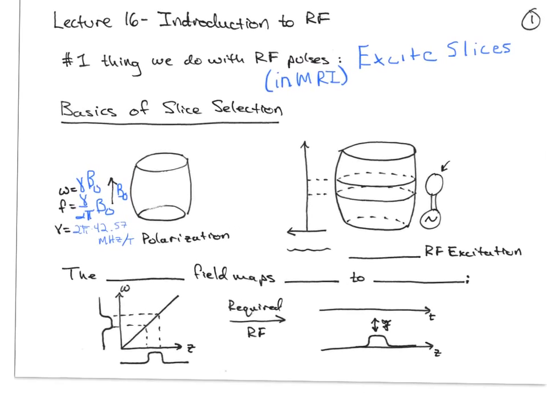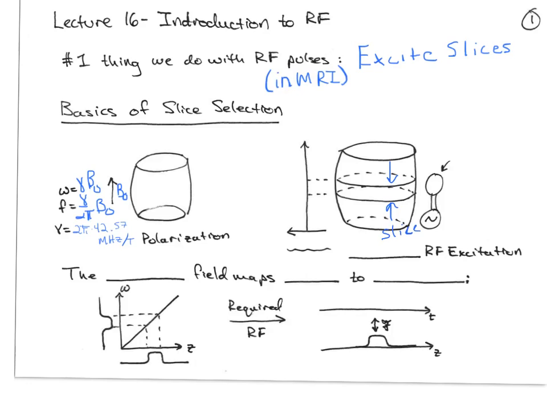So we put the object into the scanner, and then we want to select only a limited region of the body to image. We usually don't care about imaging the entire body. We want to just image some subsection of the body. So we use the RF coils combined with the gradients to do that. Let's say we want to excite only this slice here.